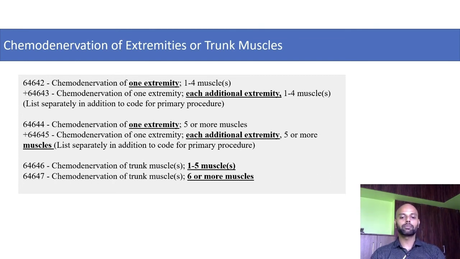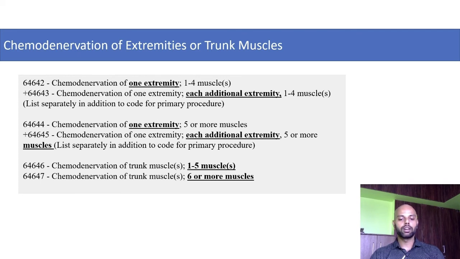Chemodenervation of extremities or trunk muscles. CPT 64642 is for chemodenervation of one extremity, 1 to 4 muscles. For each additional extremity for 1 to 4 muscle groups, use add-on code 64643. CPT 64644 is for chemodenervation of one extremity, 5 or more muscles.